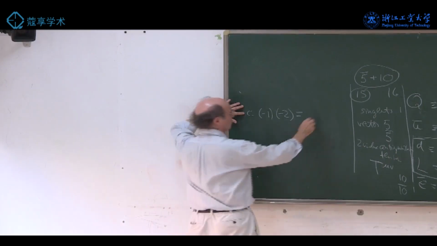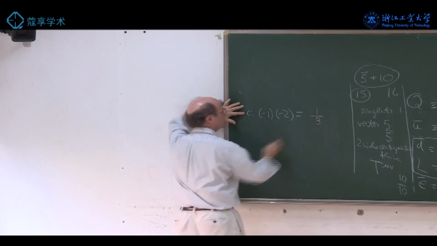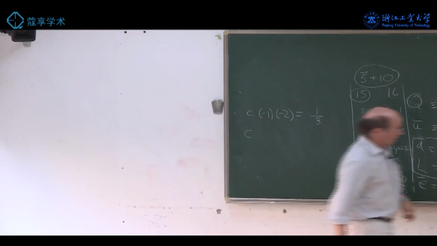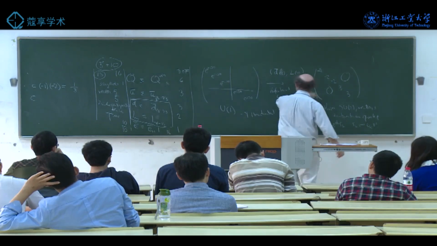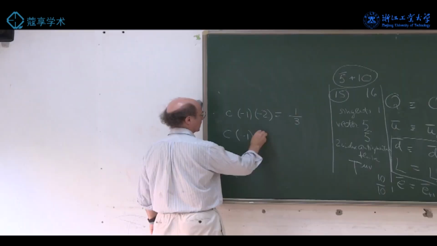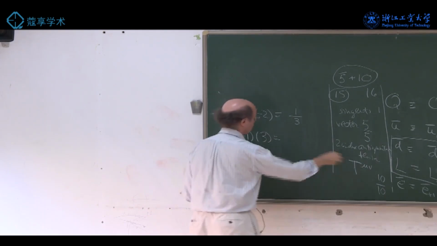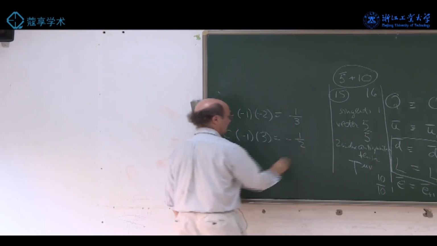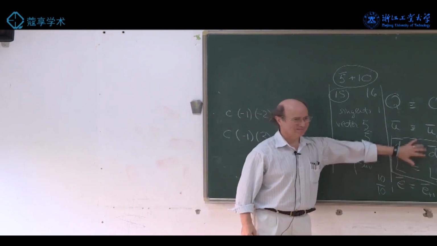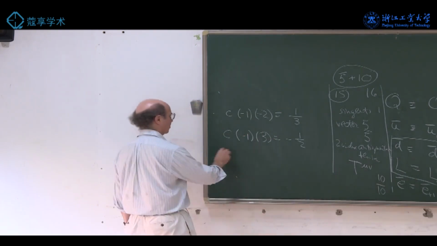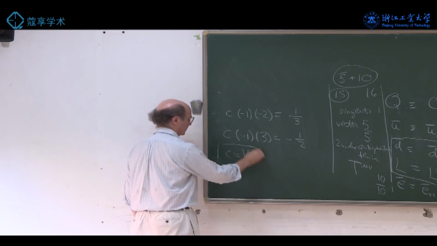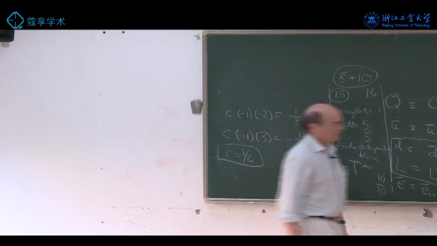So this has to be equal to 1/3. And similarly, C times an overall minus sign times 3 has to give us the minus 1/2. And both of these are consistent. That was kind of built in because we wanted these to add up to 0. But they're both consistent with C equals 1/6. So we determine that number.